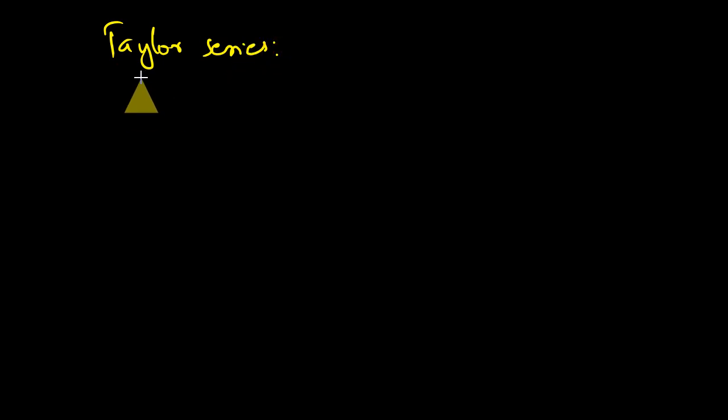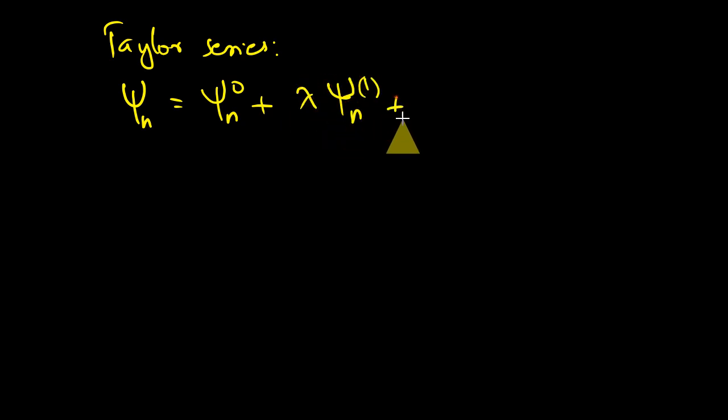Psi n, that is the wave function of the perturbed system, is equal to psi n0, that is the wave function of the unperturbed system, plus lambda psi n1 plus lambda square psi n2 plus etc. We already mentioned this earlier.